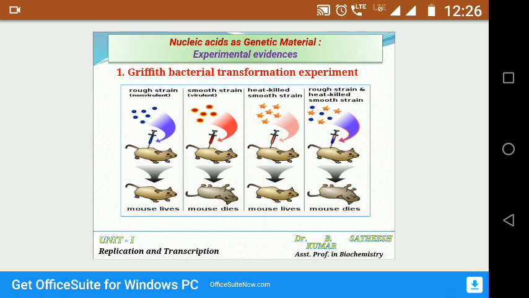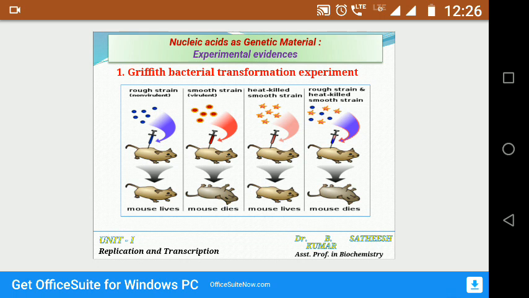So that is why the information is a very essential thing for life. Therefore, the information is kept in the form of nucleotide sequences in DNA. So that was proved by two different experiments conducted by different investigators.